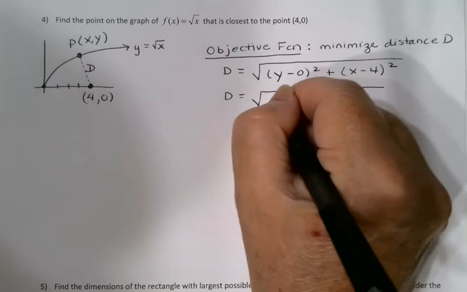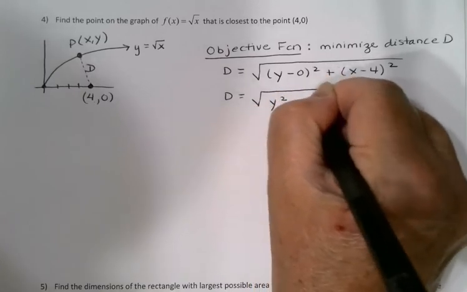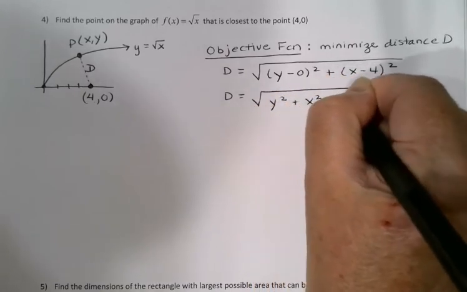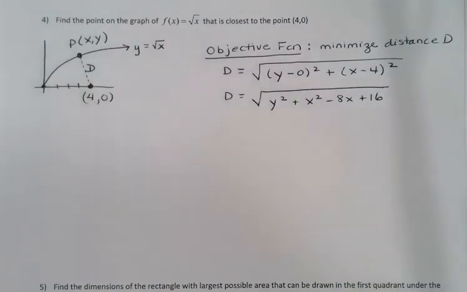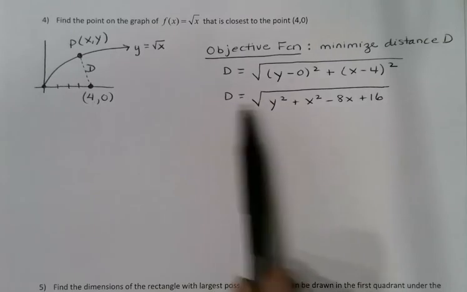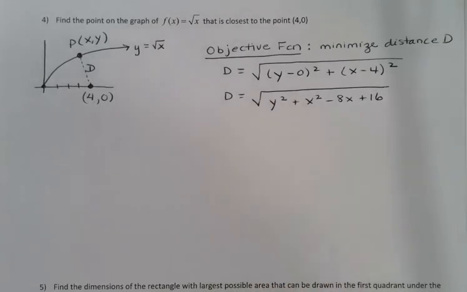Or in this case, the square root of y squared plus x squared minus 8x plus 16. All right, we have a familiar problem. We've got too many variables, both x and y.